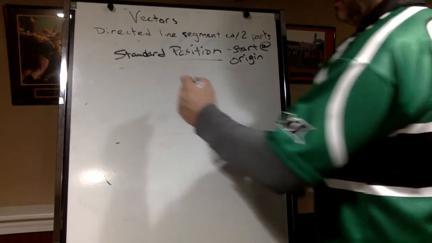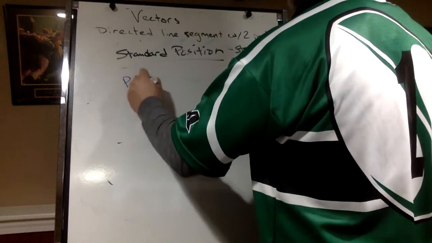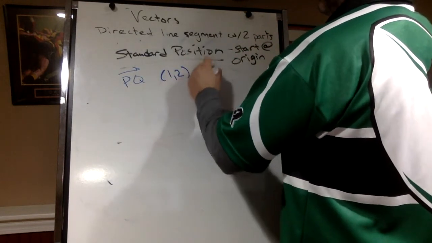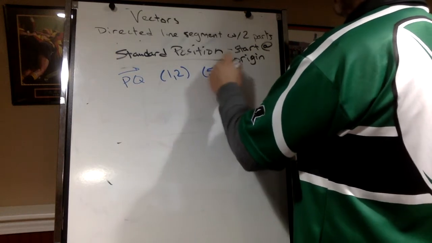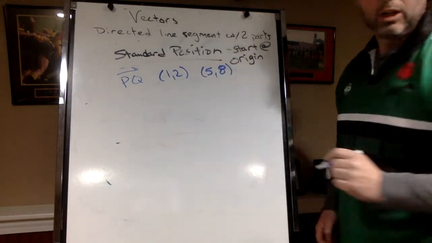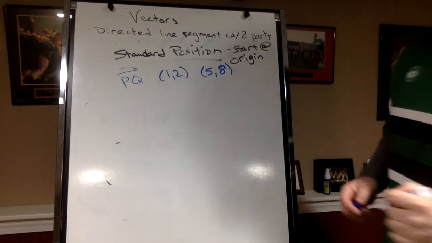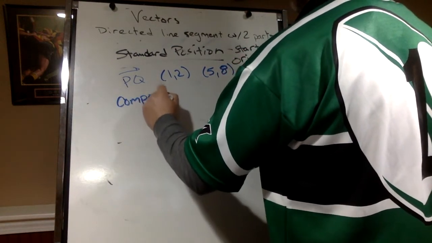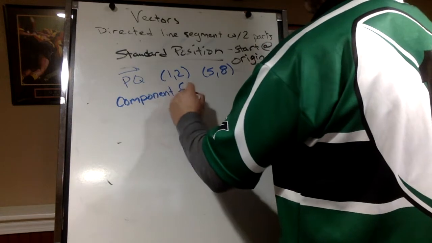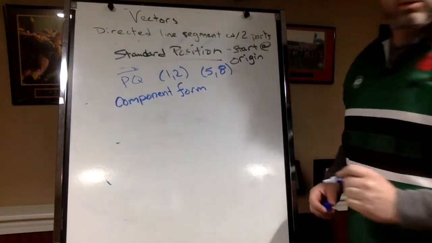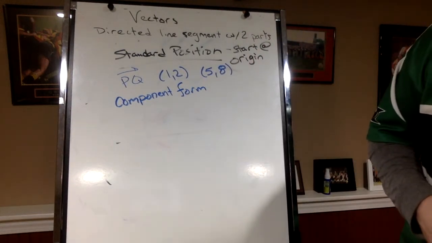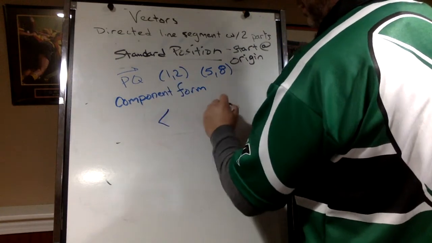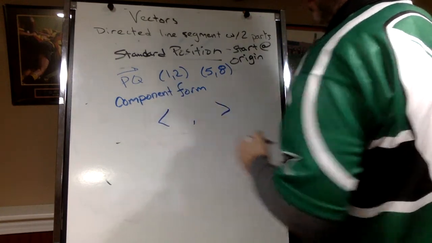All right, so let's erase it. So let's say we had PQ went from 1, 2 to 5, 8. We want to go to component form. Well, we're going to break down our vector. I call these vector brackets.